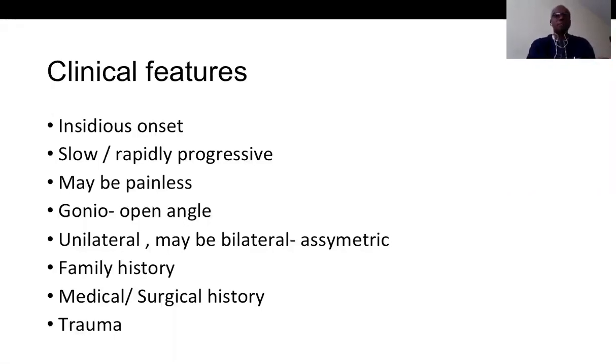And then they are usually unilateral, but maybe bilateral. And when they are bilateral, they may also be asymmetric, which may make them look unilateral. There may be a family history depending on the type, and then medical and surgical history may be contributory, just like history of trauma.